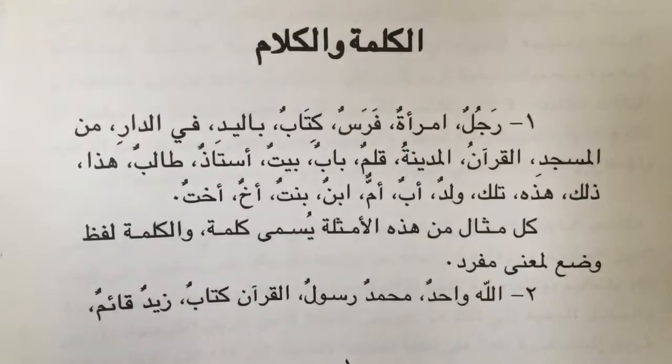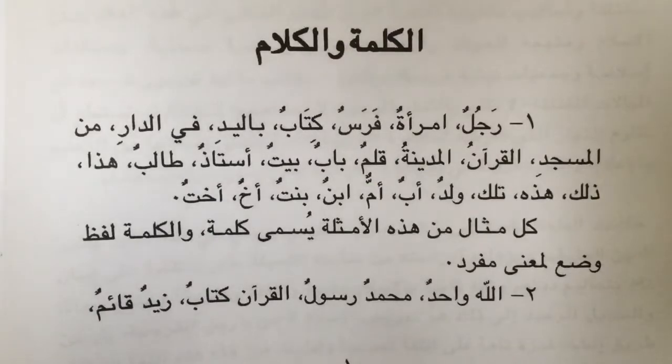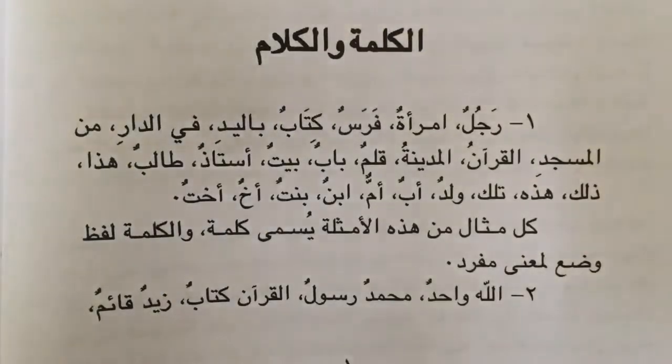It needs to be a complete statement. And kalima is anything that's less than that. So kalam is a complete statement, and kalima is anything less than a complete statement. And what he does for this lesson is give us some simple examples of each of those.